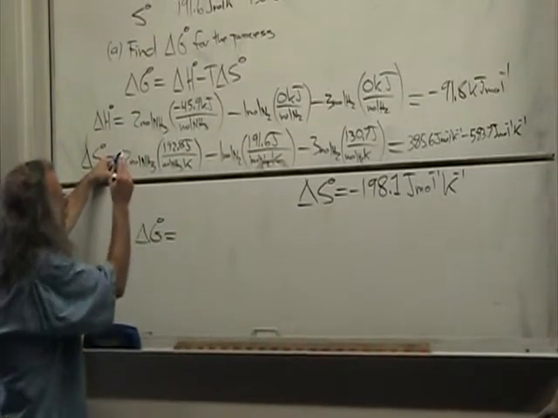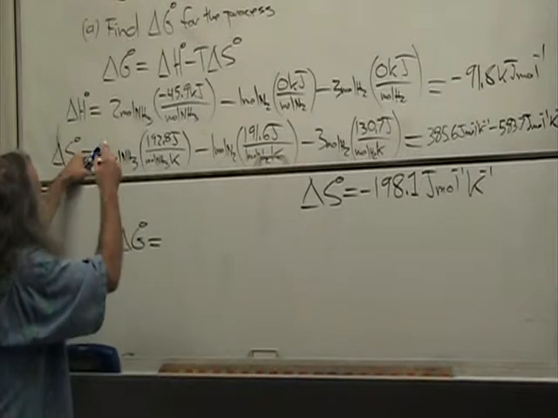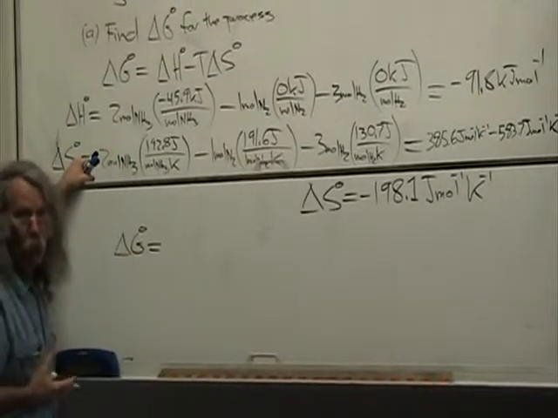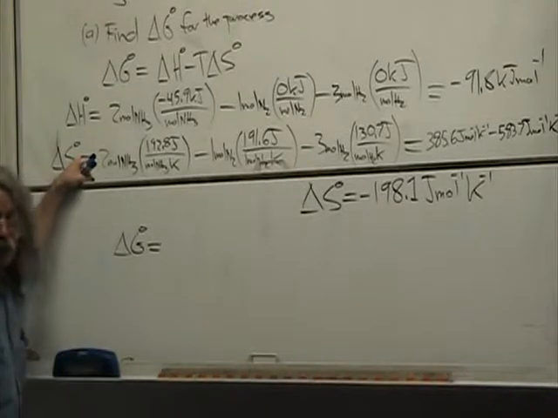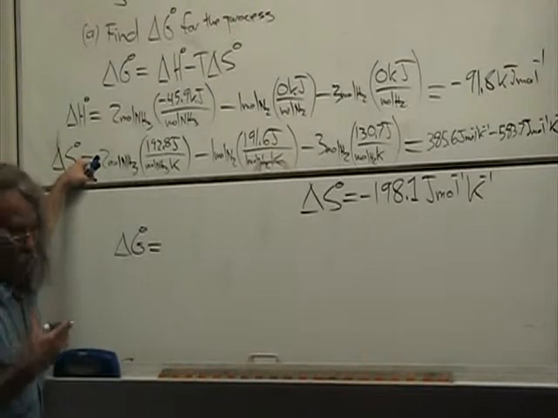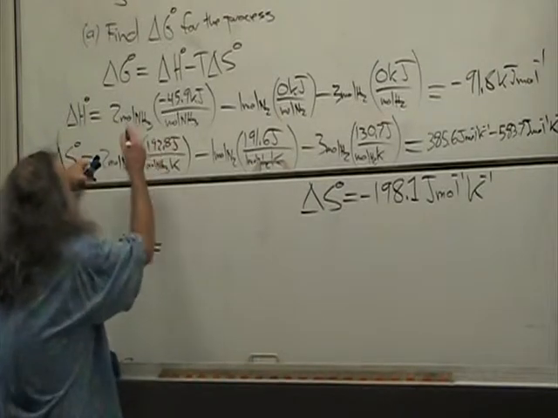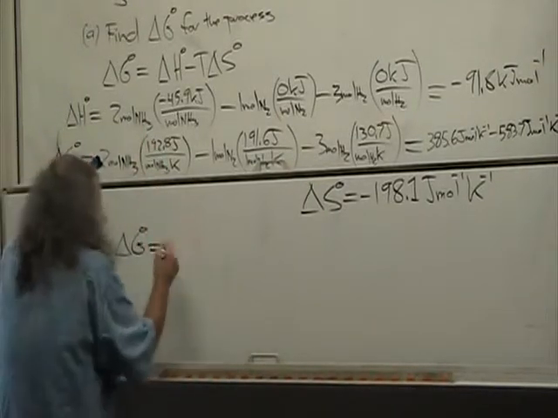So I have to convert delta H to joules per mole so it agrees, or I can convert delta S to kilojoules. I prefer to convert it to joules.